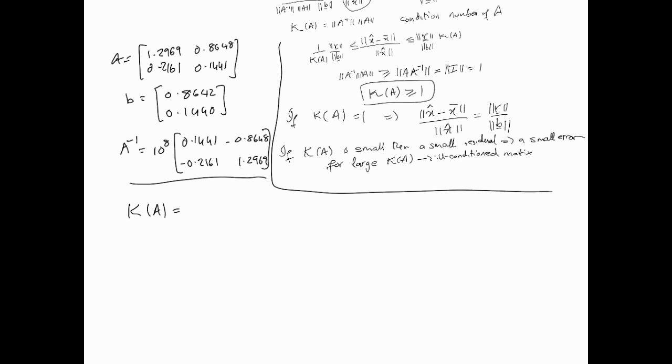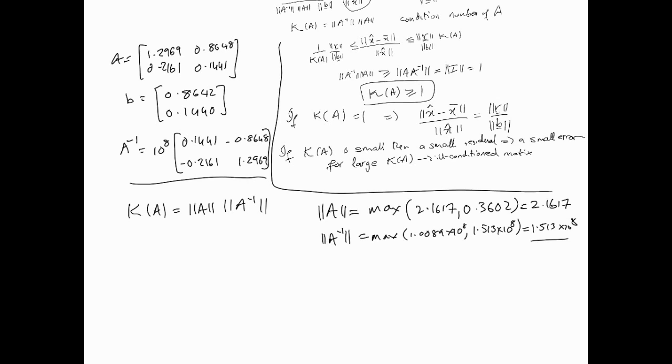So it's equal to, of course, the norm of A times the norm of A inverse. Now, if we calculate the norm of A here, it's the max of, that's how it works out. So A is that. And similarly, if we go to A inverse, it is equal to that. So these two then give us the condition number.